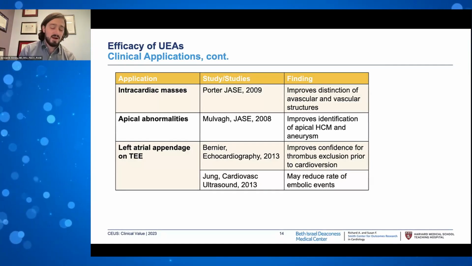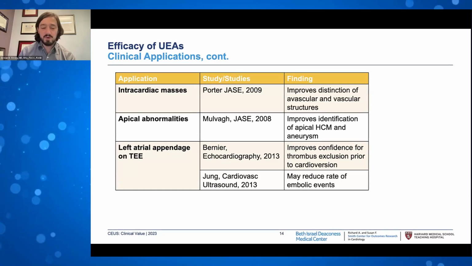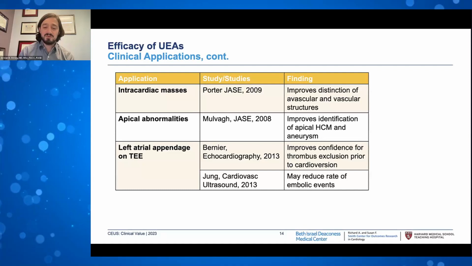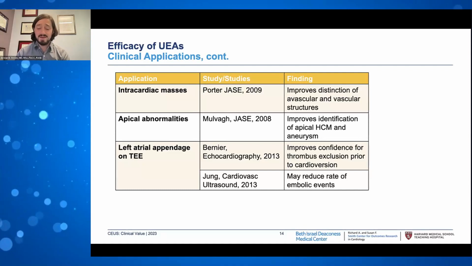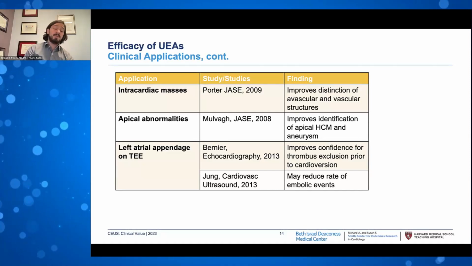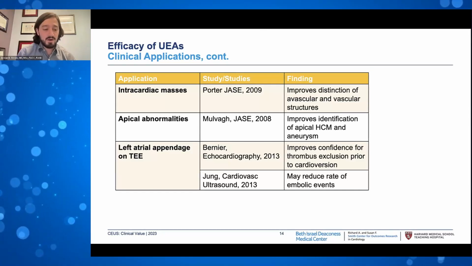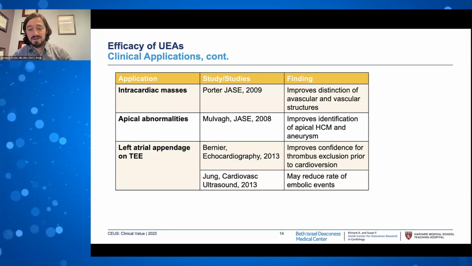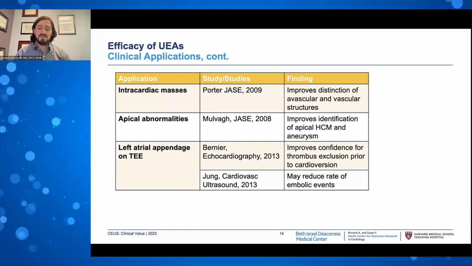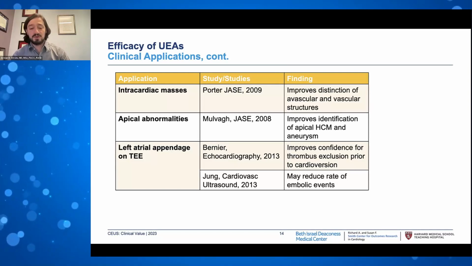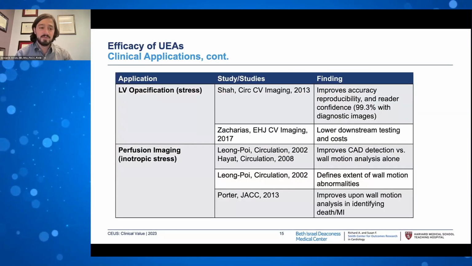Dr. Movega again published this really important work on use of ultrasound enhancing agents in improving identification of apical hypertrophic cardiomyopathy and aneurysm. And for those evaluating patients for TEE pre-cardioversion, it improves your confidence for thrombus exclusion prior to cardioversion and may in fact be associated with a reduction in embolic events following this.